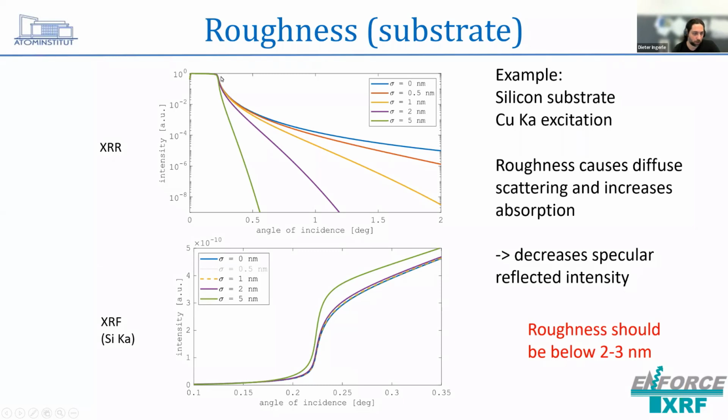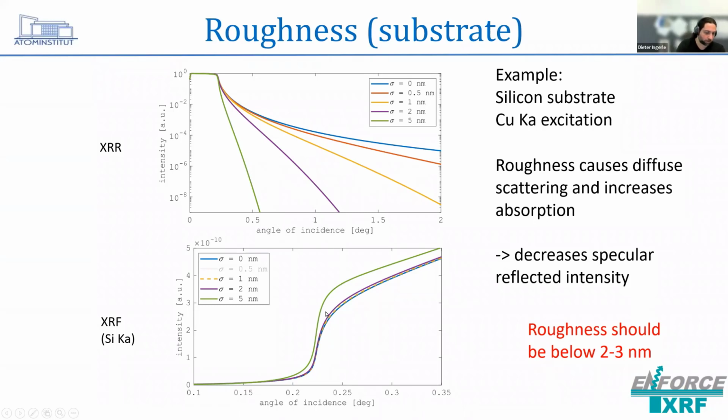For TXRF it's not that dramatic typically, but for grazing incidence XRR it's relatively significant that already at 2 nanometers we're losing much of the intensity of the reflected beam, and at 5 nanometers it's dropping quite dramatically, as you can see. So if the substrate is already that rough, then it's almost impossible to get any good information about the layers because all information about the reflected beam will be lost.